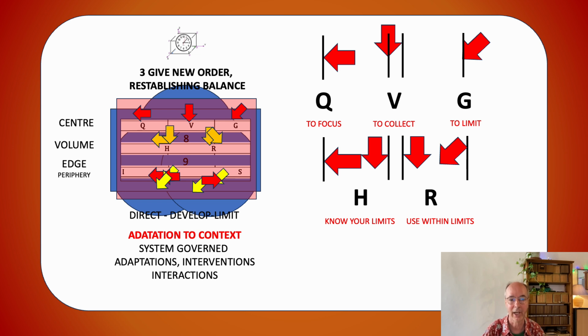That is the H. It's know your limits. It's within our limits that we can understand, and we still have a centralized focus, and we have all the material. Within that section, we know our limits and we can work with it. That's the H. Keep your focus on the limits that you know.